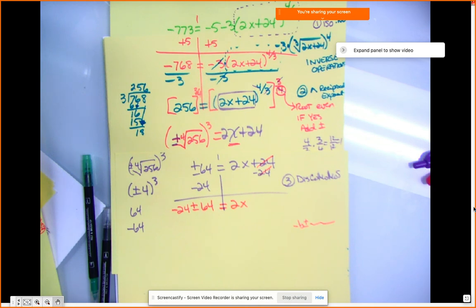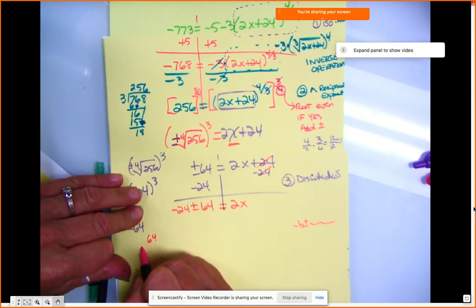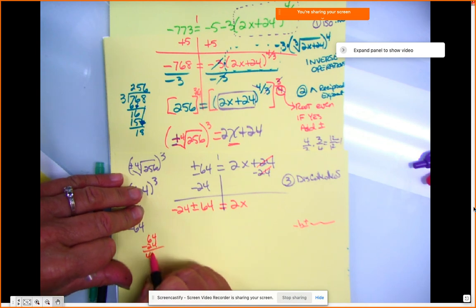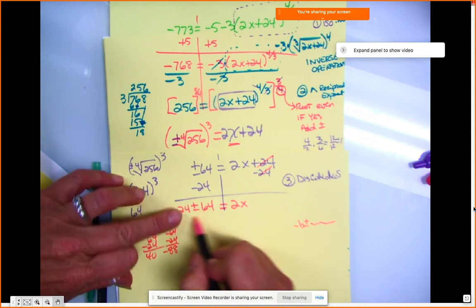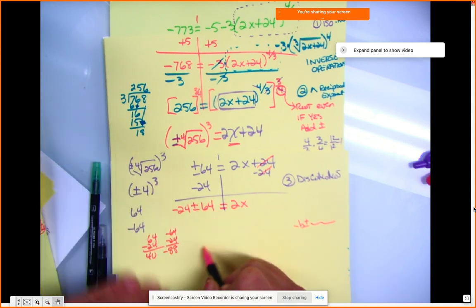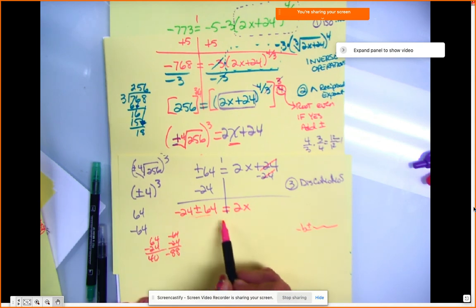I mean, you could do it. You could say, okay, I'll take 64 minus 24, and I get 40. And I can take negative 64 and a negative 24 and get negative 88. So I could actually just say, okay, now I've got 40 or I've got negative 88. It's so much easier to write like this until we're ready to actually evaluate.